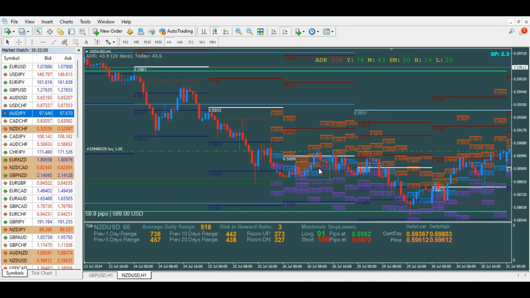Now, we didn't get value found above the daily middle pivot, so I wouldn't have gone long here anyway. However, say we did.